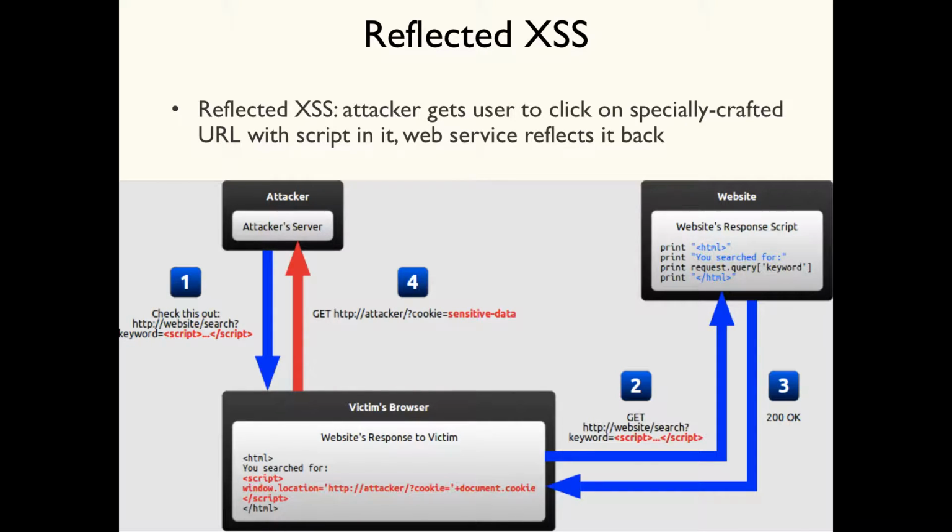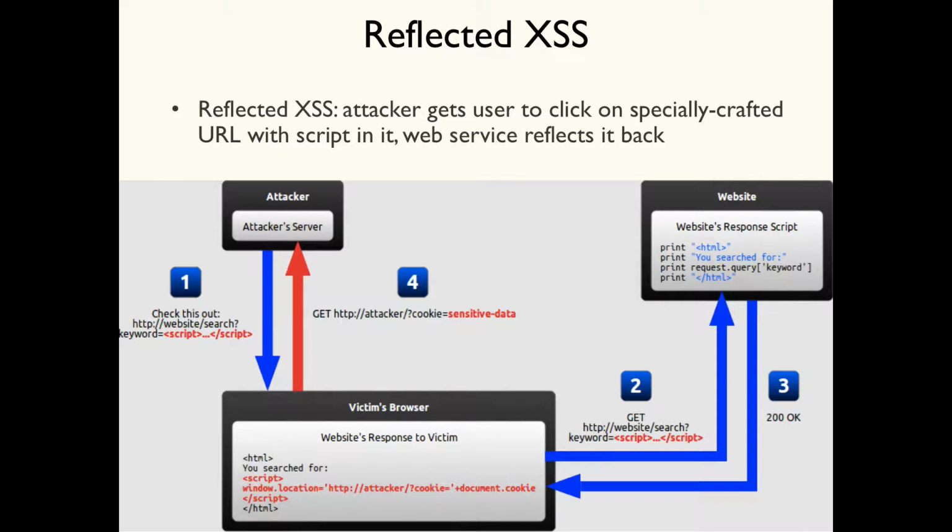So in this case, the browser will mistakenly believe this is from the website, and so this piece of code can access everything from this website, because the browser believes they are from the same origin. Everything means cookies, and it can manipulate the web pages.